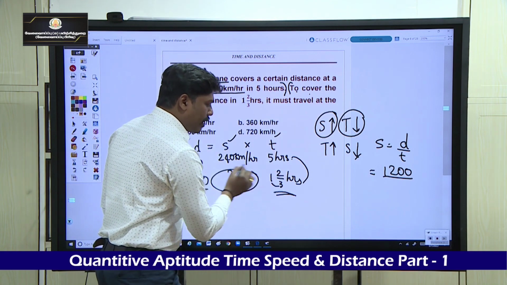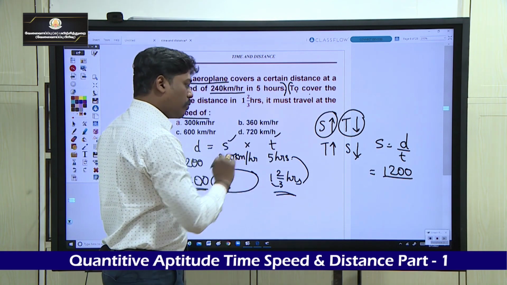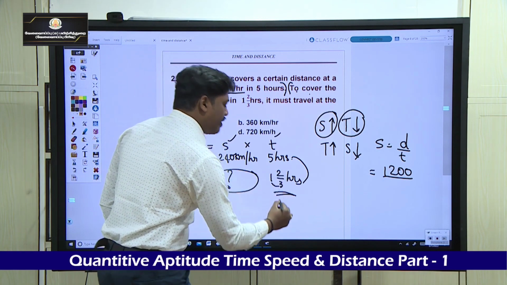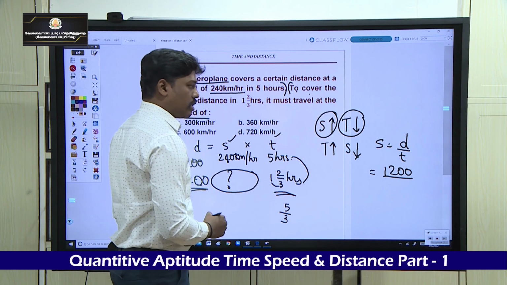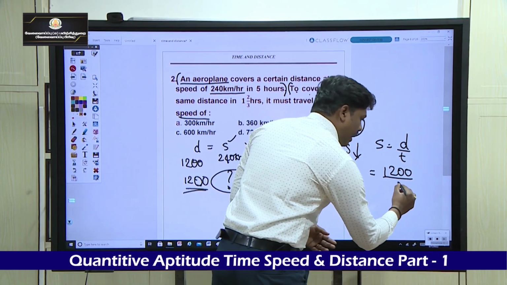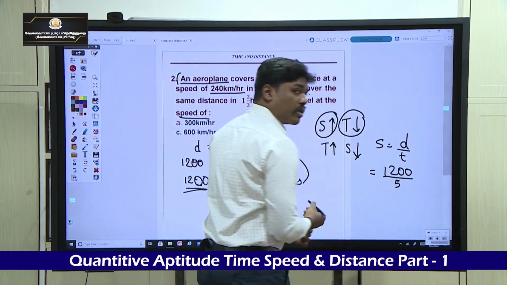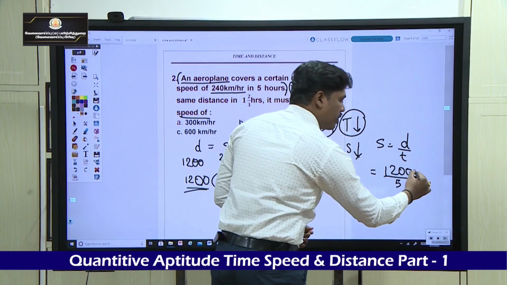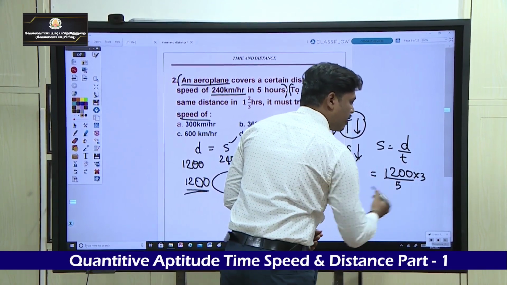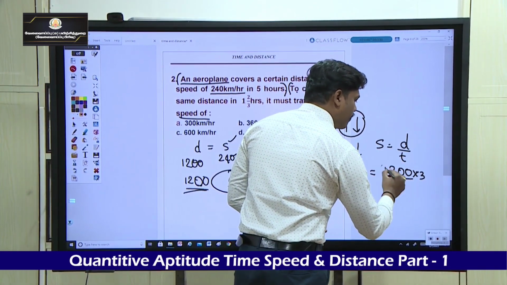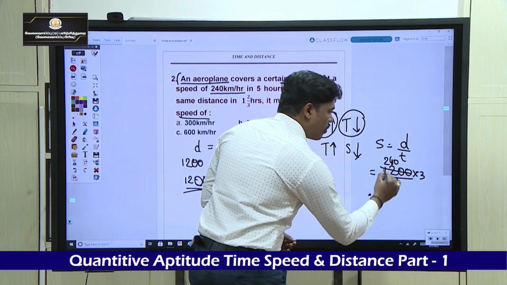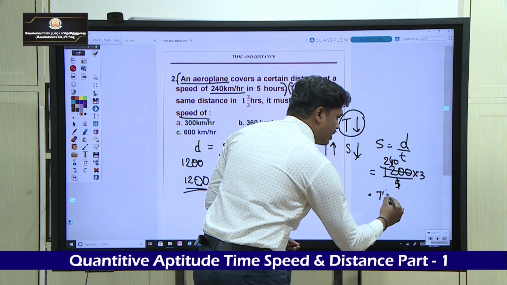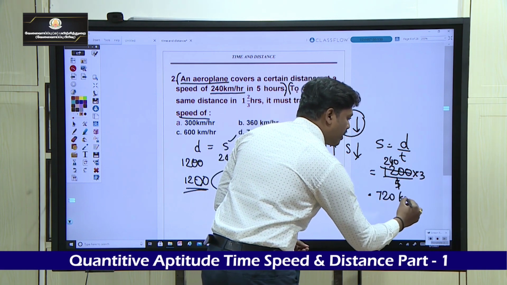So 3 into 1, 3 plus 2 is 5. 5 divided by 3 hours. So write the time here, 5 by 3. So the 3 goes to the top. So 5 ones are 5, 240 times. 240 into 3, you will be getting 720 kilometer per hour.